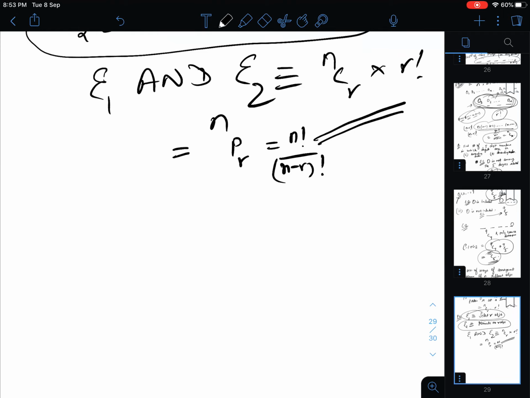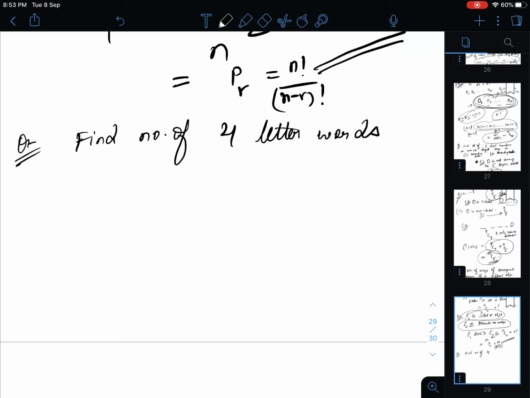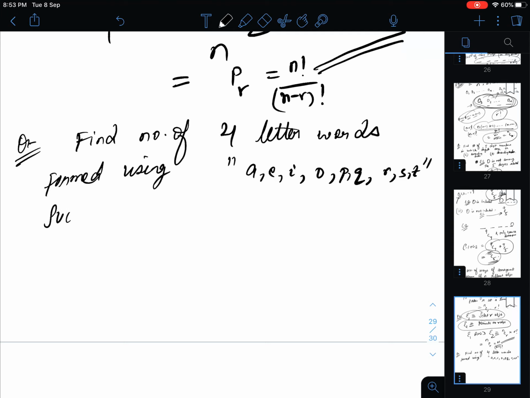All right, so let's solve some questions now. Find the number of 4-letter words formed using A, E, I, O, P, Q, R, S, T such that, first, a letter can be used at most once.